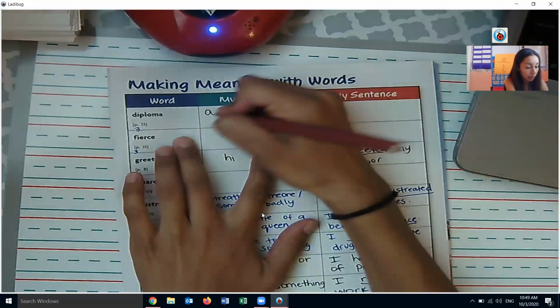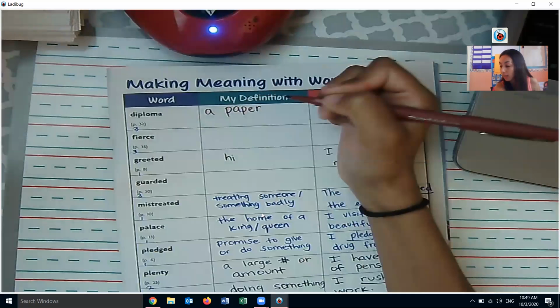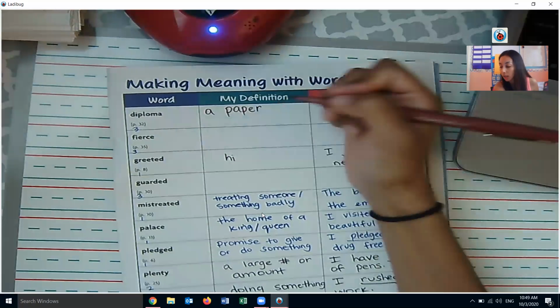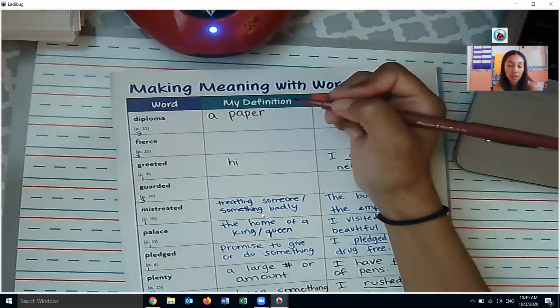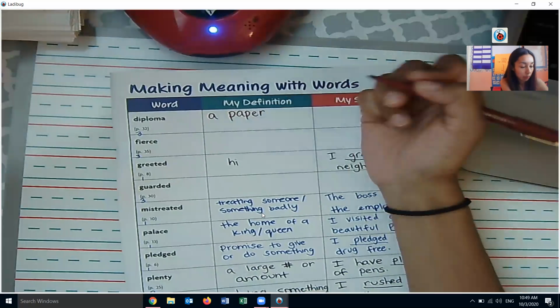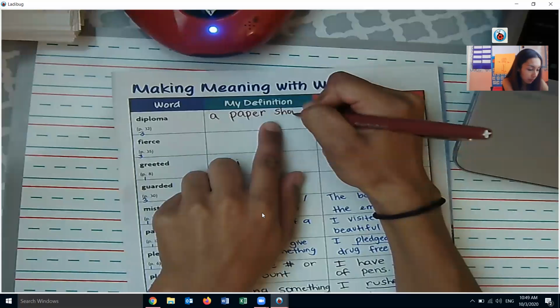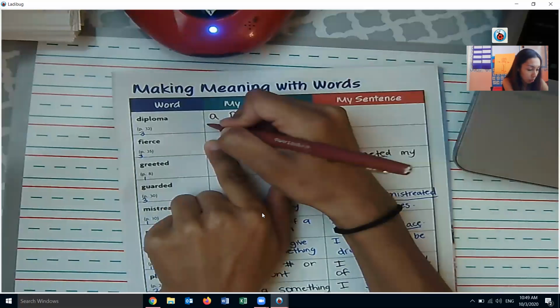It's a piece of paper, but a very important paper that shows that you finished some kind of course of study. So maybe you finished high school or college. So a paper showing you finished.